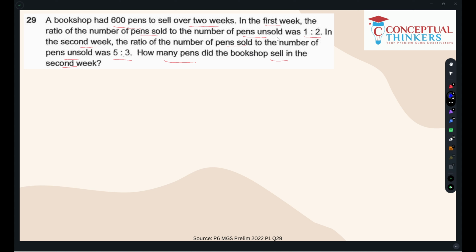So the number of pens unsold in the first week and the total of pens sold plus unsold in the second week should match, and hence I can identify that the concept here is called repeated identity. After we identify the concept, we will start to solve the question.